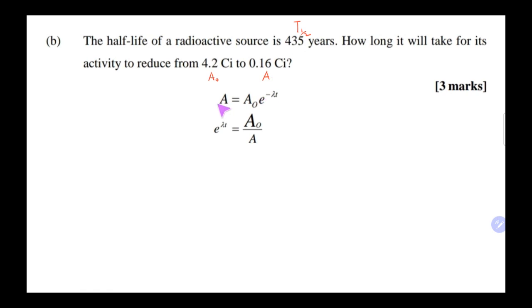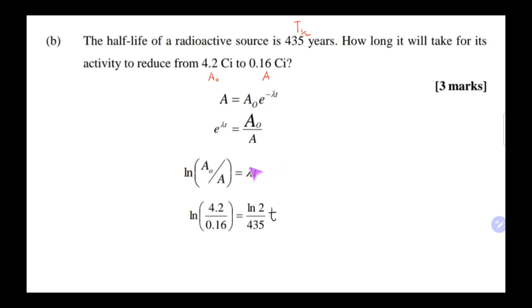By arranging the equation, you will get something like this, where e^(lambda t) equals A naught over A, and then by taking ln on both sides, you will get this. And remember, lambda is ln 2 over T half. Something is missing here, sorry, we got t here. This is t.